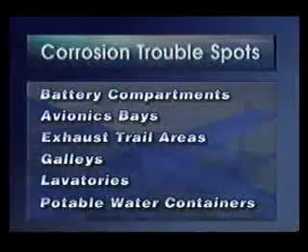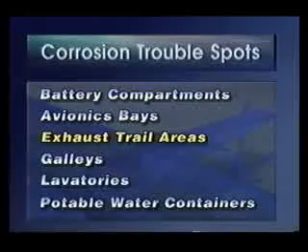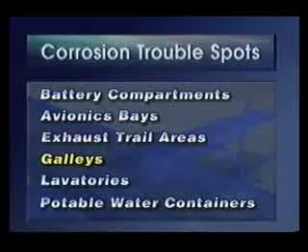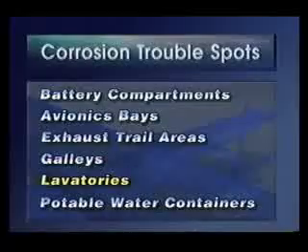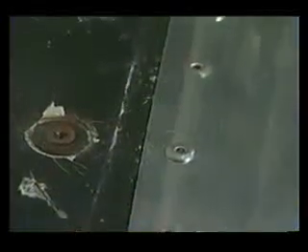Some of the more common areas are battery compartments, avionics bays, exhaust trail areas, galleys, lavatories, and structures around the potable water container. During your baseline inspection, be sure to note items such as dissimilar metal contact and areas of poor drainage as potential trouble spots, and plan more frequent inspections of these areas.